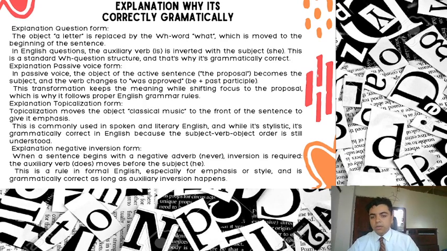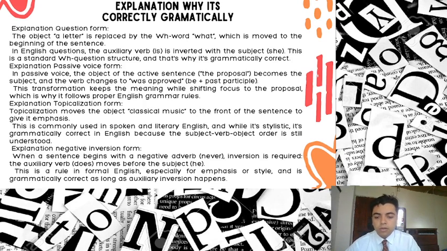And explanation, topicalization form. Topicalization moves the object, classical music, to the front of the sentence to give it emphasis. This is commonly used in spoken and literary English, and while it is stylistic, it's grammatically correct in English because the subject-verb-object order is still understood.